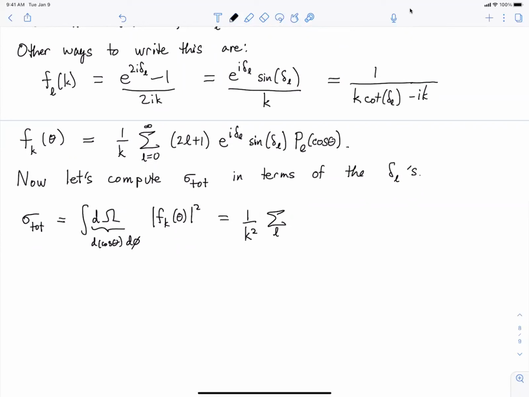And then when I plug it in again, I'm going to have another sum over l, but I don't want to get confused with the first sum over l. So I'm going to call it sum over l prime. And then for each one of those, I need to write down this factor. And then for each one of them, I also have to write down my phase shift factor.